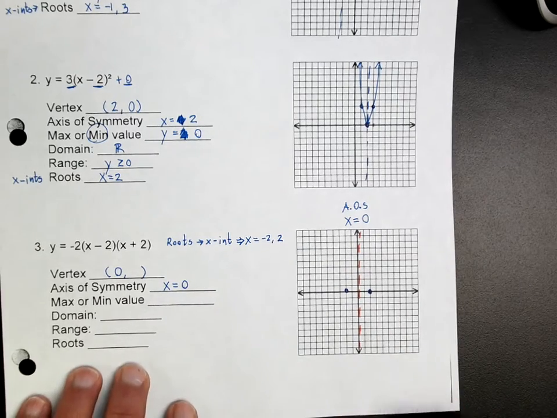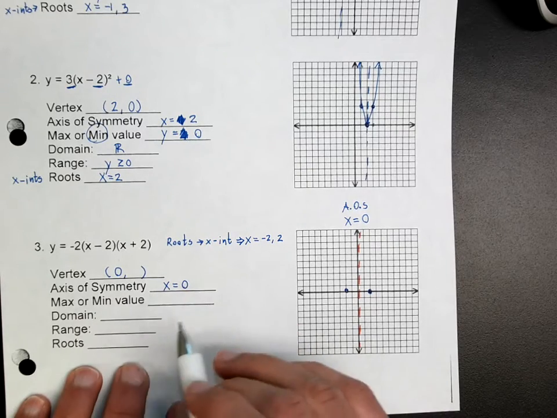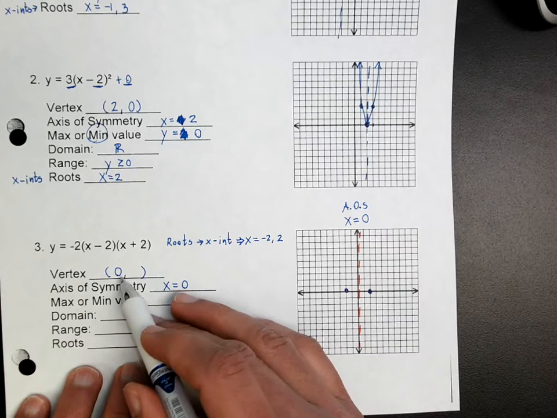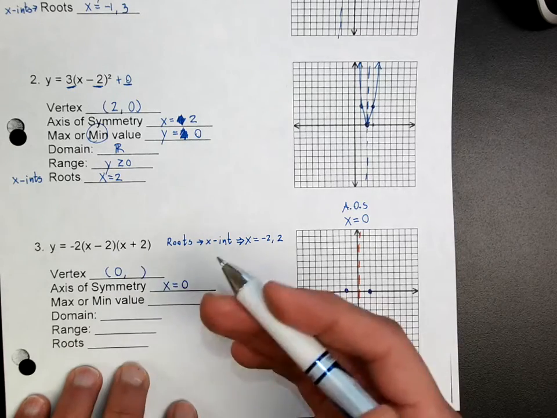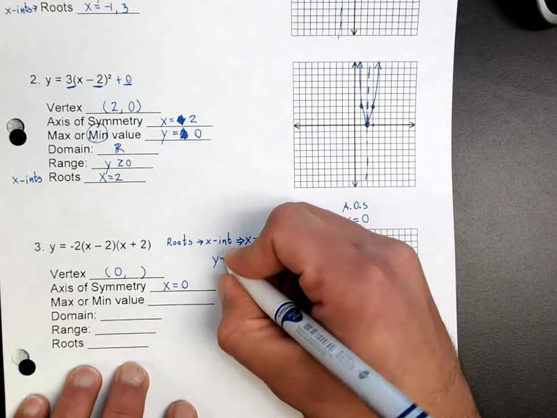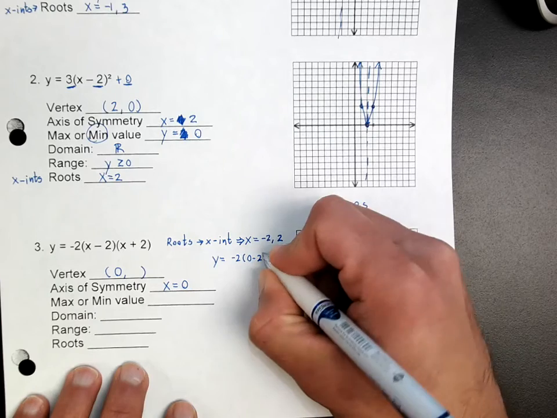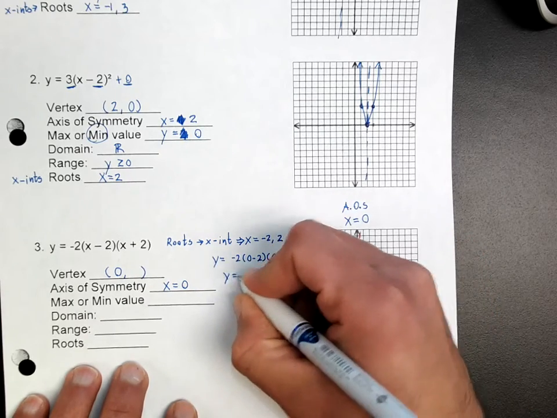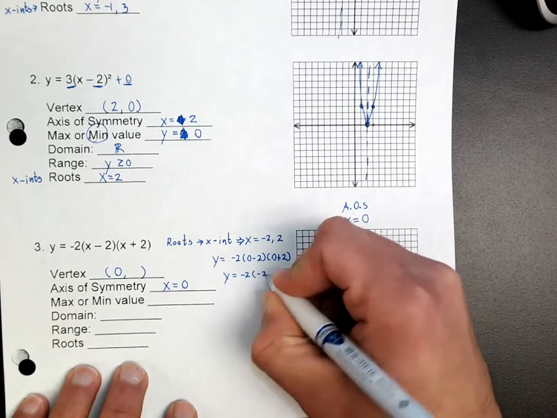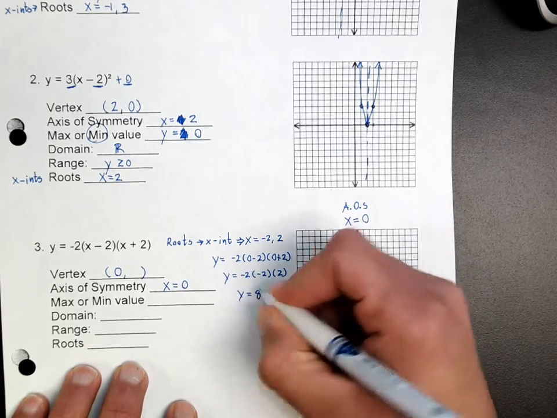Okay, to find the y-coordinate of the vertex, all I have to do is plug in this coordinate, 0, into this x and that x and see what I get. So we have y is equal to negative 2, 0 minus 2, 0 plus 2. So we have negative 2 times positive 2, so y is equal to positive 8.